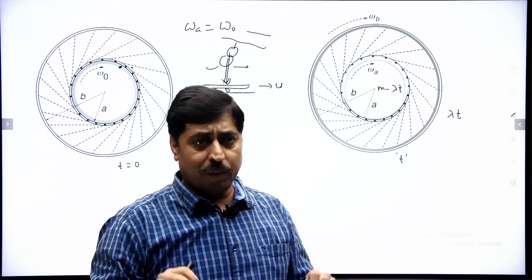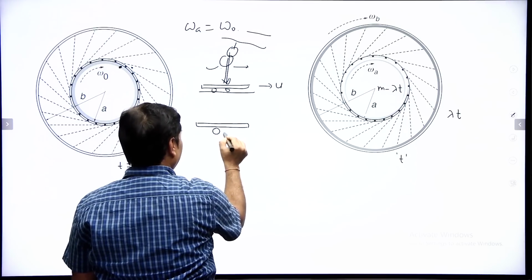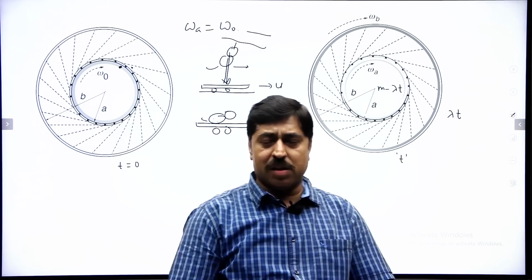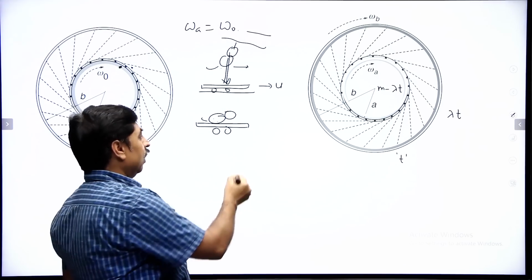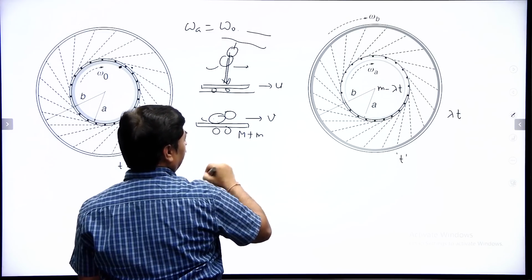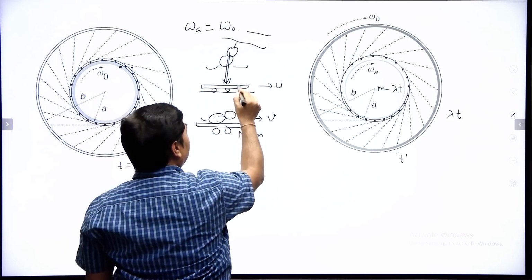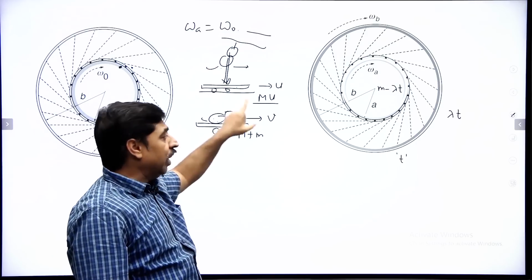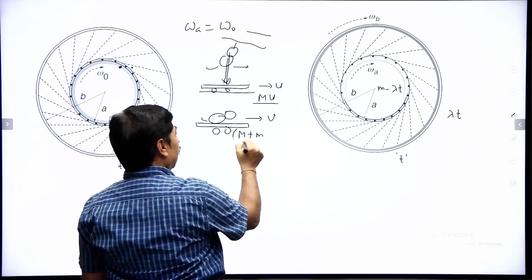After the monkey lands on the cart and has stabilized itself, that means slipping between the feet of the monkey and the cart surface has stopped, the whole thing is going with some velocity v. So now m plus m mass is moving with velocity v in the horizontal direction, whereas just before the monkey lands, only m mass is moving with velocity u in the horizontal direction. So the horizontal momentum just before the monkey lands is this much, but after the monkey lands, the horizontal momentum is m plus m times v.